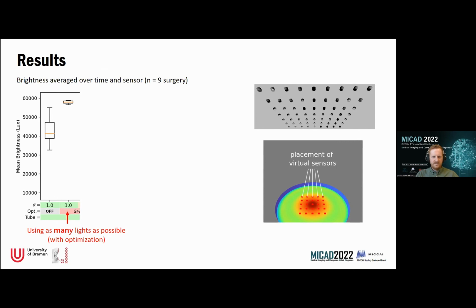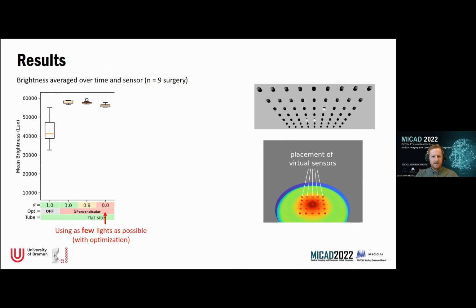When we activate the optimization pipeline, we see that we obtain a much better illumination, which is very near to the optimum. Note the preferred 80 kilolux only refers to the center of the site, and we use a realistic light profile, so the optimal average of the light profile is lower.